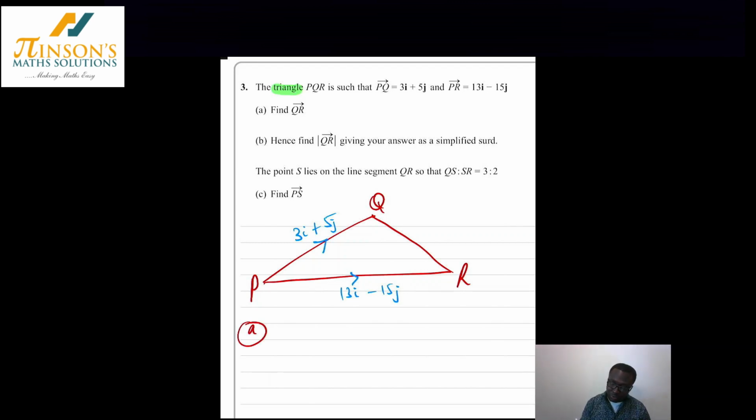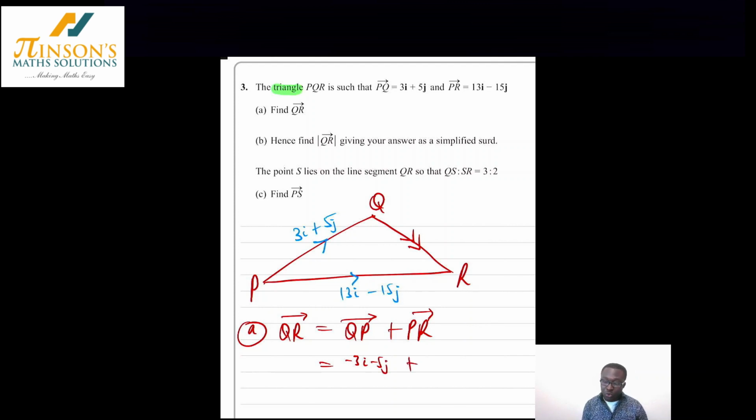That has not been constructed for us, so we need to look at it from Q to R. I can go that way, which is Q to P, and then from P I can drive to R. Q to P is the negative vector of PQ. Negative means going the opposite direction, which is minus 3i minus 5j. Add, and then we go in the same direction from P to R, which is 13i minus 15j.